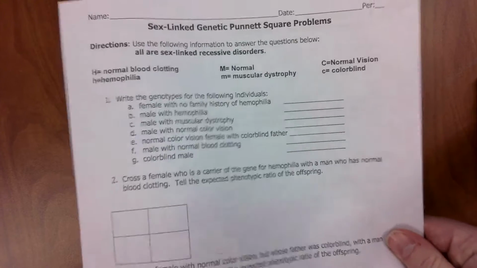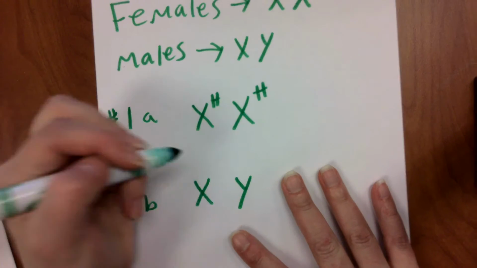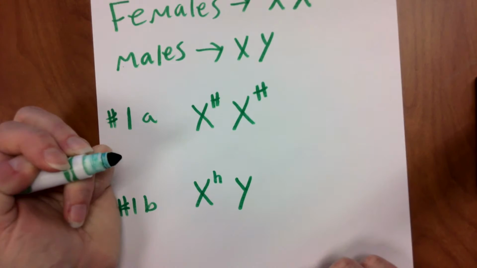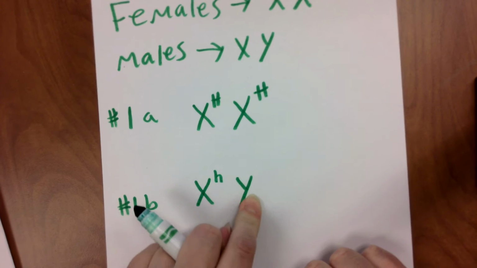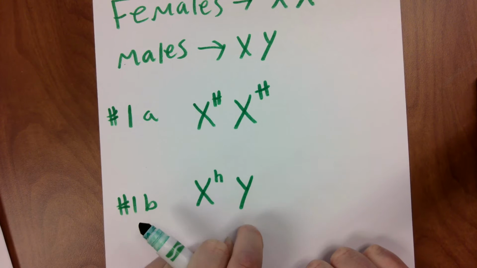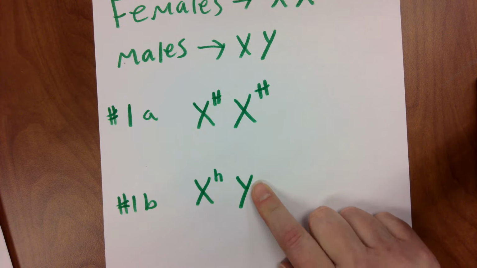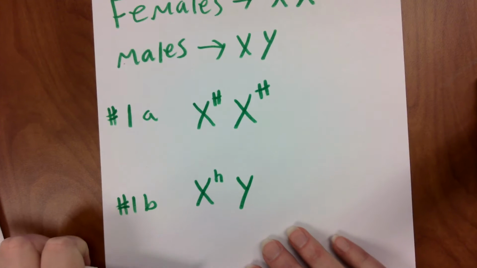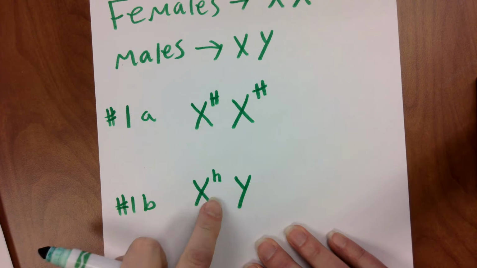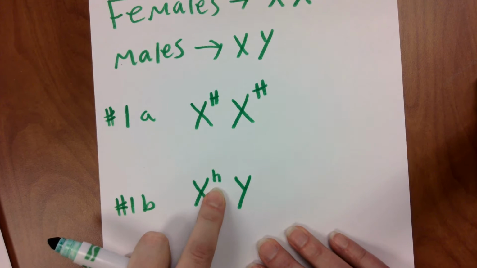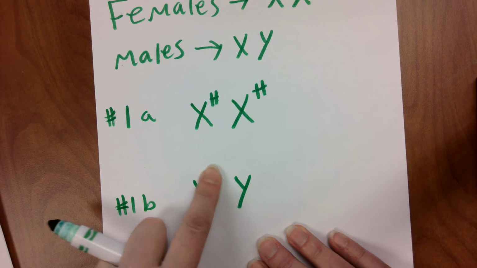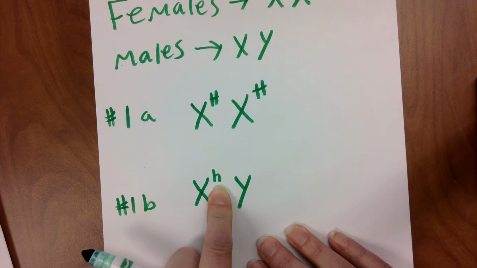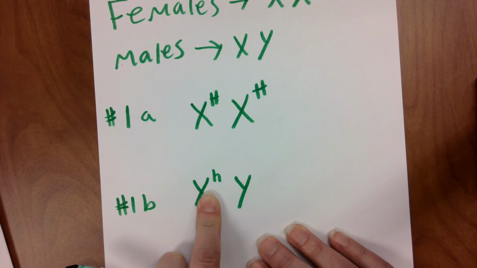Okay? So, according to this, he has a small h, and that's all I put because it's only attached on the X chromosome, not on the Y. So the Y doesn't get any sort of indicator on it because we don't need to pay attention to it. In this case, since he has no other X to cover this up, he has hemophilia.